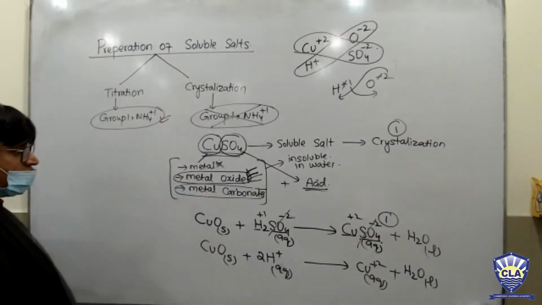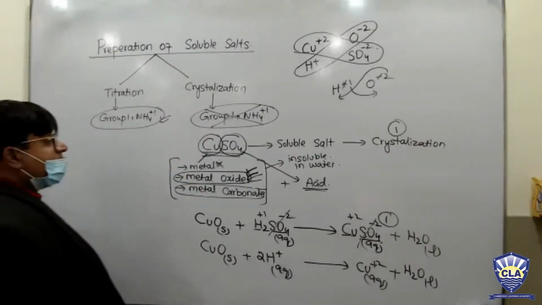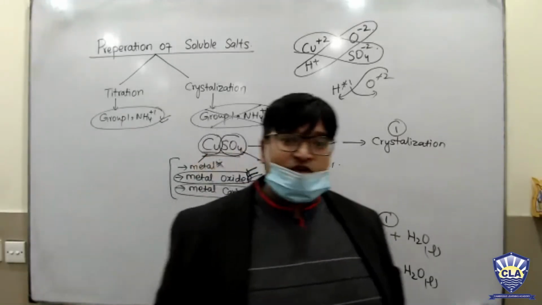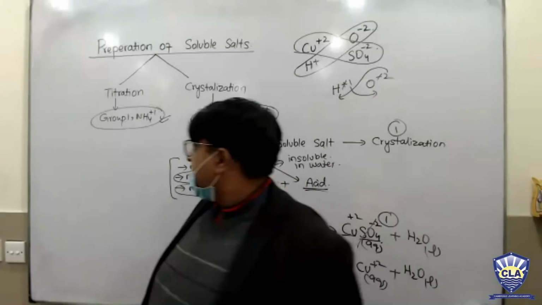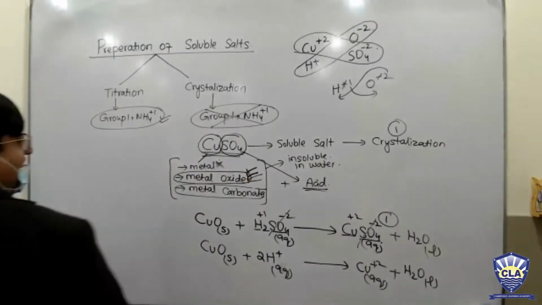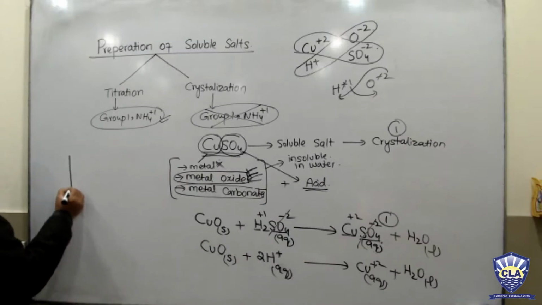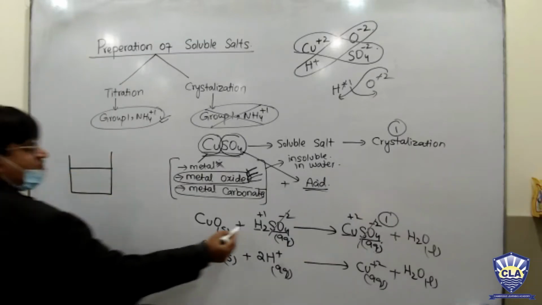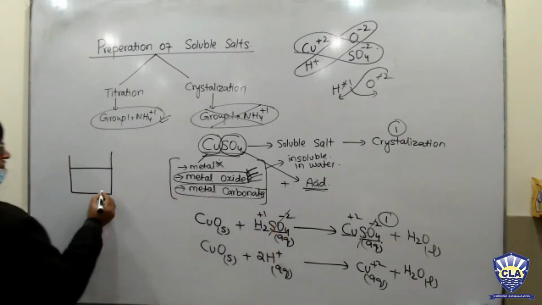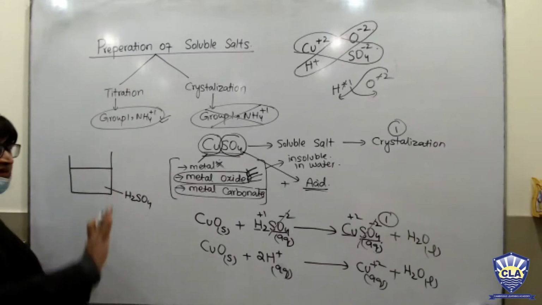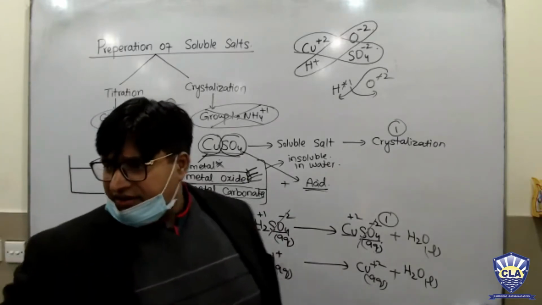Okay, so now we are going to start with its detail, how you could perform the experiment. The answer is very simple. You should take a beaker or a vessel, just put the acid inside it. What is the name of the acid? H2SO4. So just put H2SO4 inside it. Don't measure it, no need to measure it.